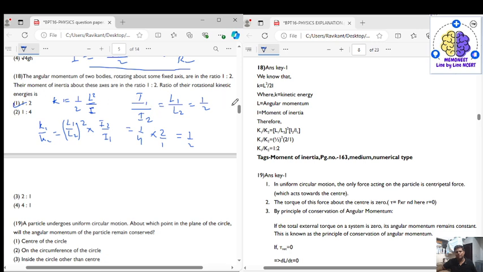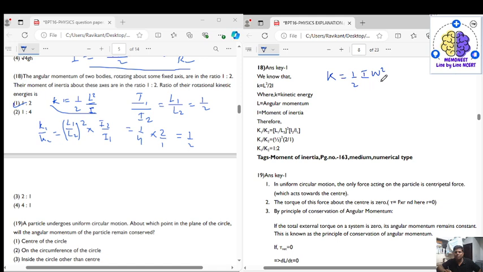Right? And now if the question arises how we got this, see, you have kinetic energy K equals half I omega square, right?